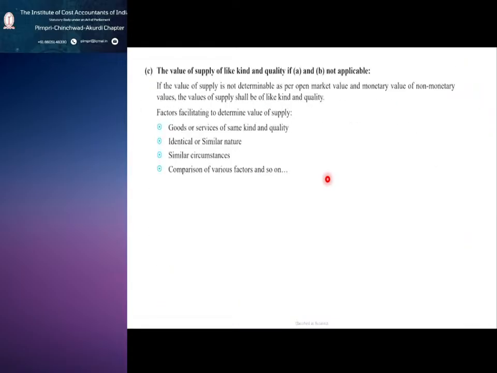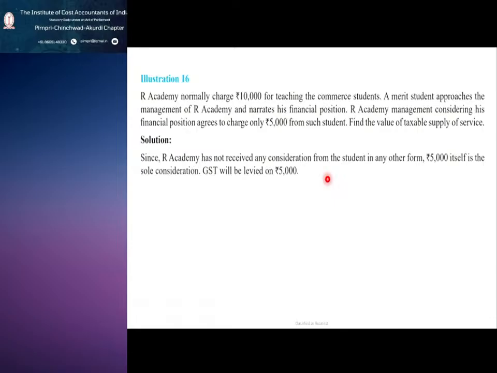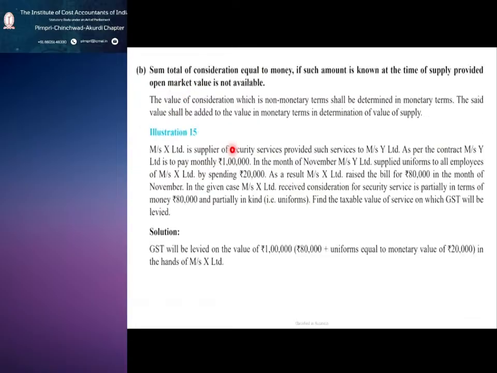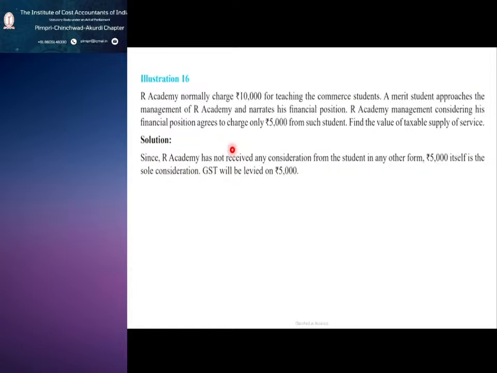So what is like kind and quality? There is one more example for the same. Our academy, this is for that non-monetary consideration. I missed sharing this example. This is also a very easy one. Our academy normally charges 10,000 for teaching commerce students.